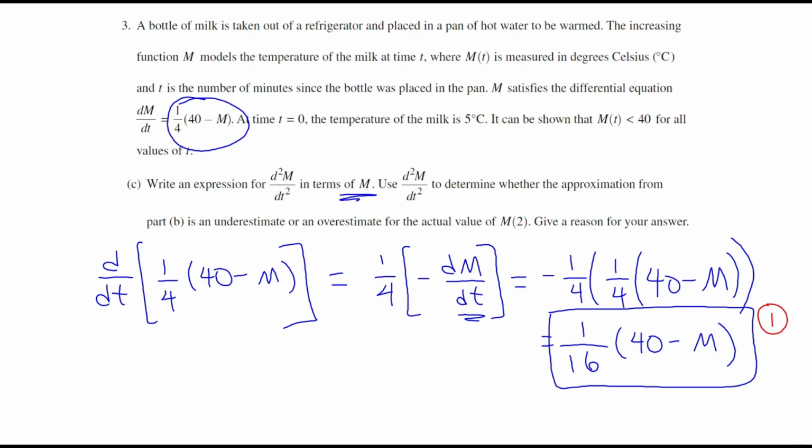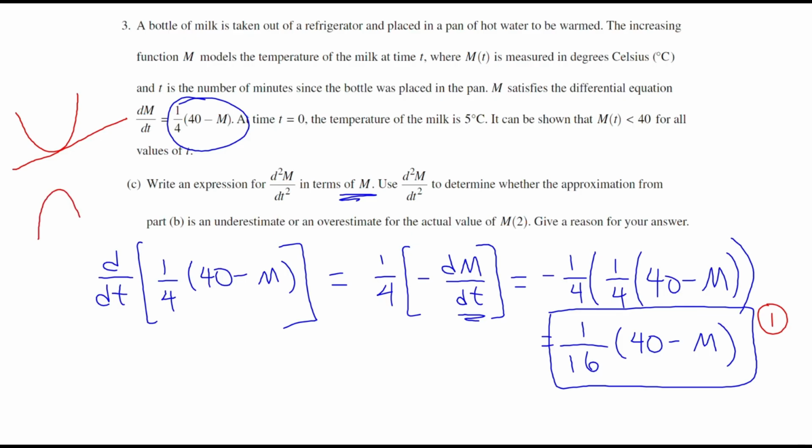Well, we used a tangent line to approximate this. So what we need to remember is that if we use a tangent line on something that is concave up, then we can see that the tangent line is under the function.